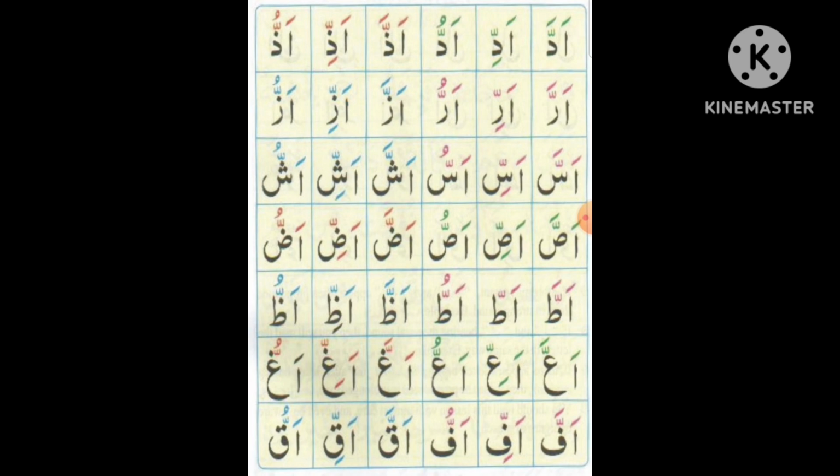See, this is a little bit difficult. It is Alif, Ain, Zabar, A. First there is the Alif sound, and then you have to join the Ain sound to it.